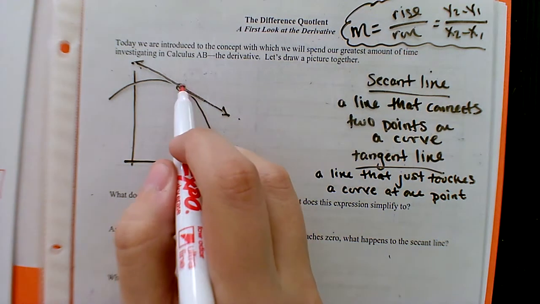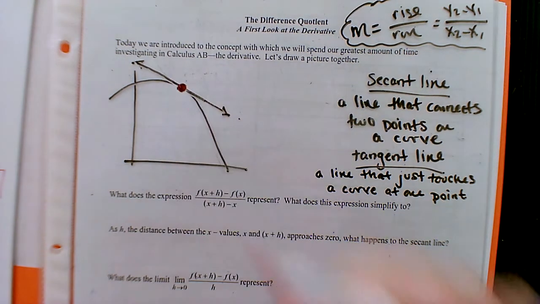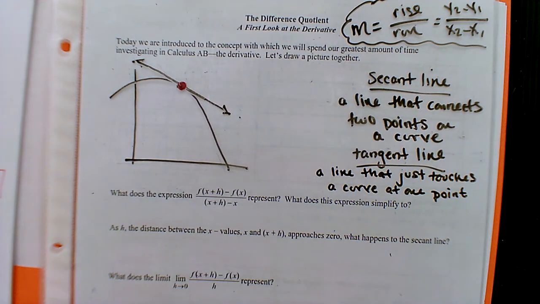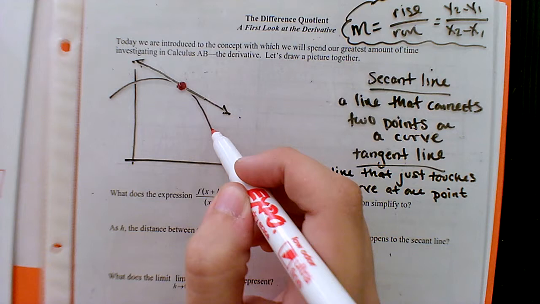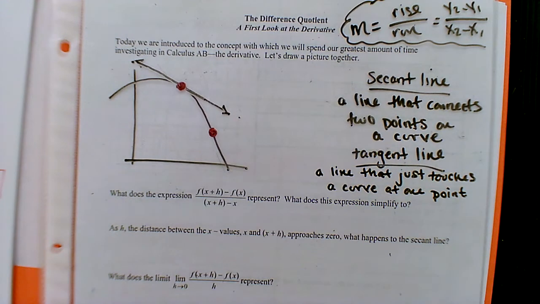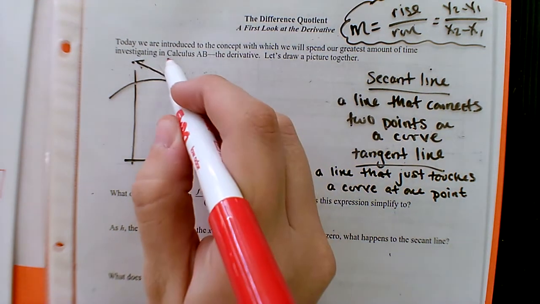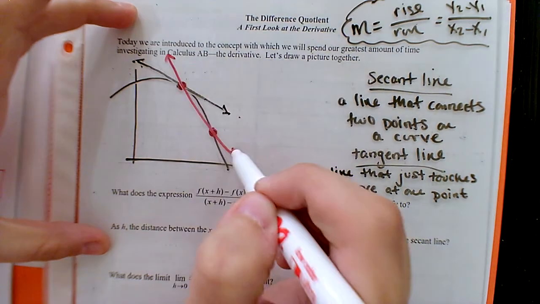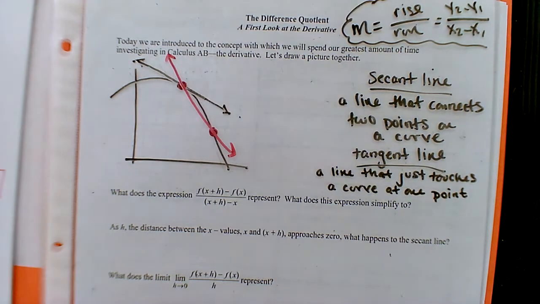Keeping that point, that tangent point, would be pretty useful for us because that's the point on the line we know. Let's pick some other point on the curve, maybe a little bit lower, and draw a line connecting those. Try to make that as straight as I could. Not too good, but you get the idea. That's a straight line.